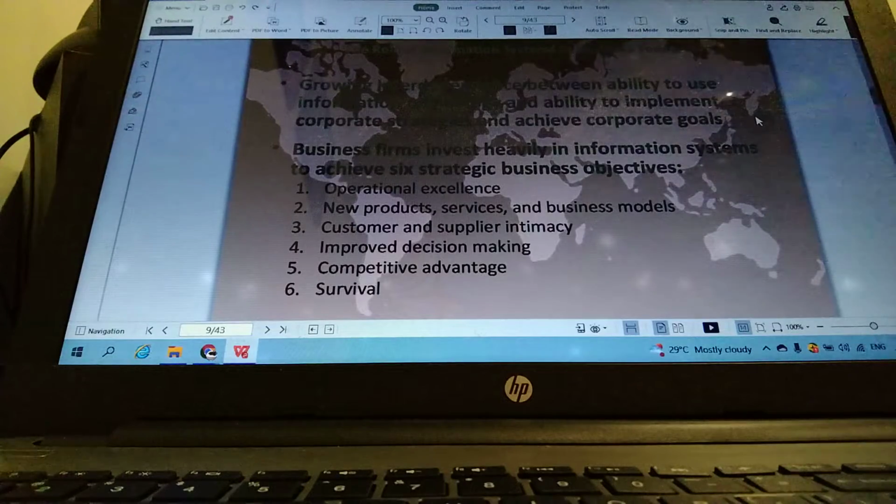New products, services, and business models are all being fully supported by IT systems. Customer and supplier relationships, again the CRM system that we have discussed in some other topics, are fully under the control of IT systems. Improve decision making: systems such as decision support systems, expert systems, and enterprise systems are directly involved in improving the decision making process by senior management and middle management.